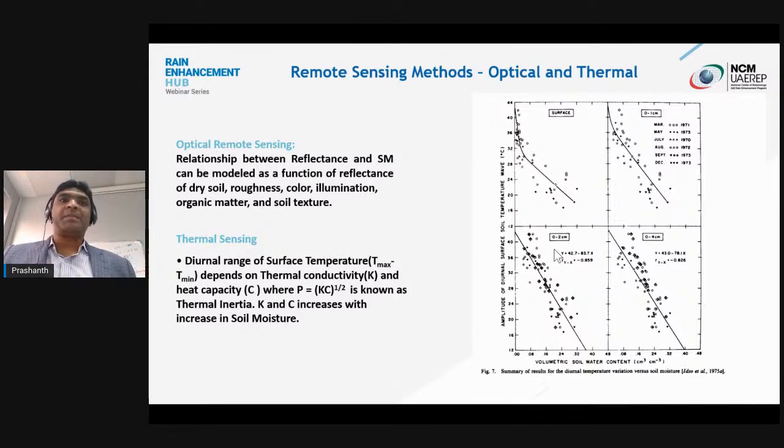If you look at the maximum temperature during the day and the minimum temperature and take the difference between them, this is an indicator of thermal inertia, and this changes with changes in soil moisture. So you can develop models where you infer soil moisture content by looking at the variation in the surface temperature.